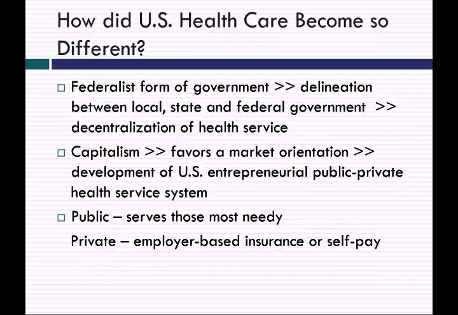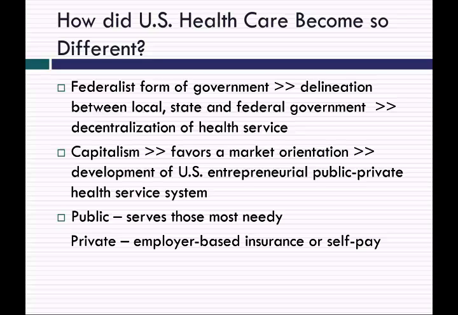So how did U.S. healthcare become so different? One reason is that we have a federalist form of government, with a delineation between local, state, and federal government. This has led to the decentralization of health service, because it is not thought to be the government's responsibility to oversee the system, which has a large private component as well.